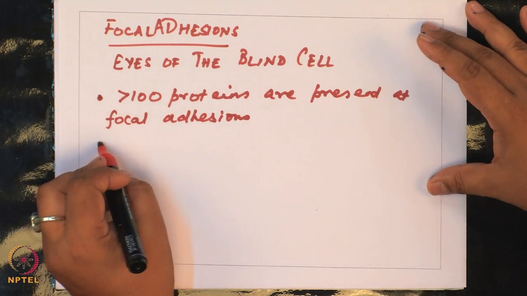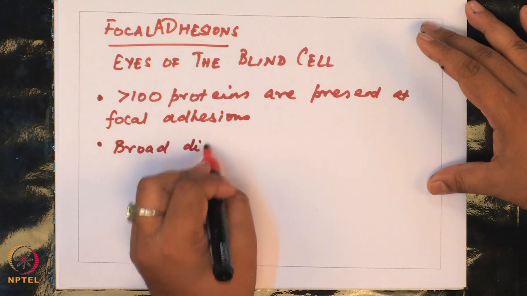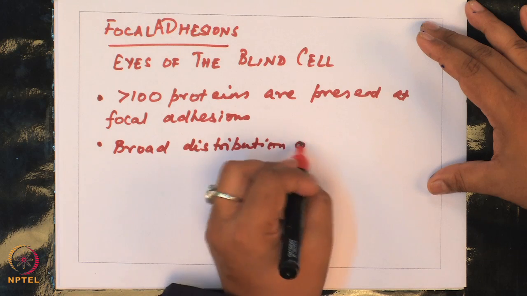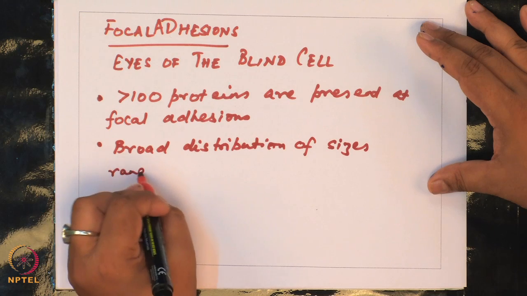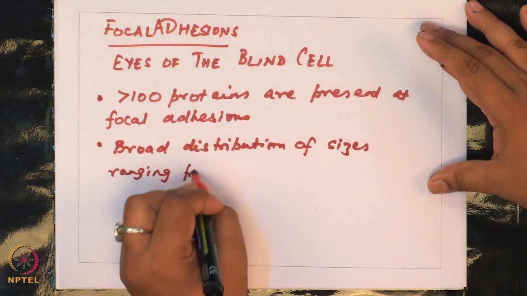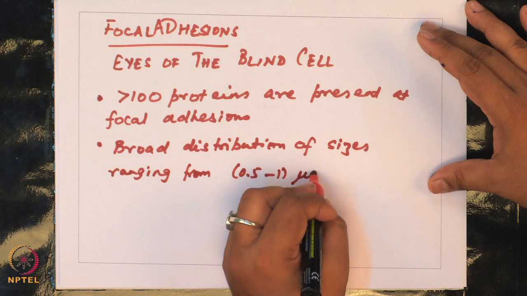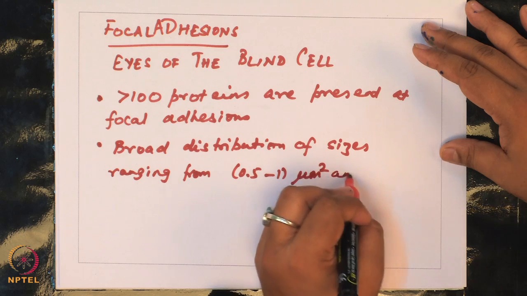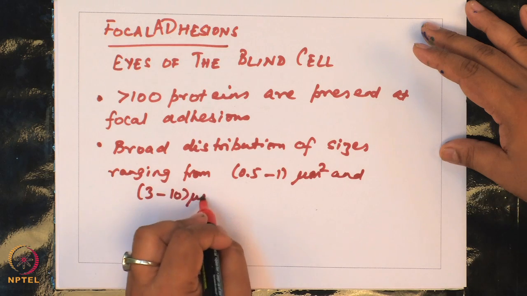Okay. So, you will also have a broad distribution of sizes, ranging from 0.5 to 1 micron square, and 3 to 10 micron square.